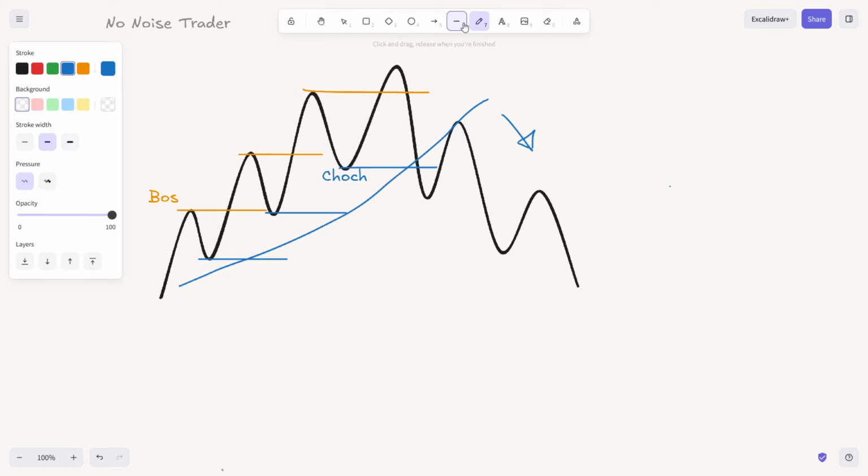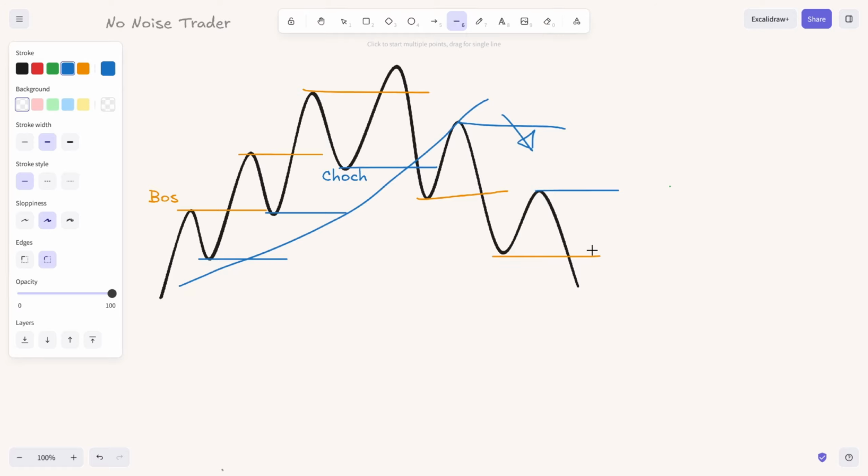Then on the other side, we are starting to get lower lows and lower highs. So here we are going to change to yellow again, and we have a BOS here, a BOS here, and we are checking the highs to pay attention to the change of character. So if price went higher again, then we are going to pay attention to this.